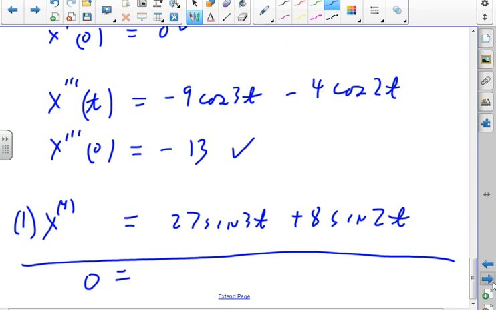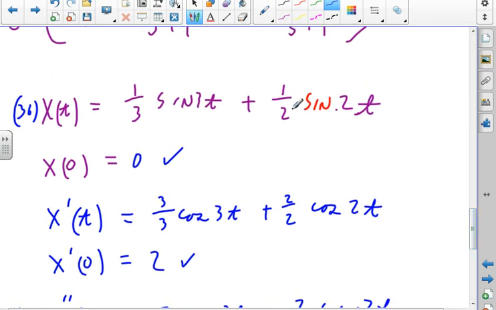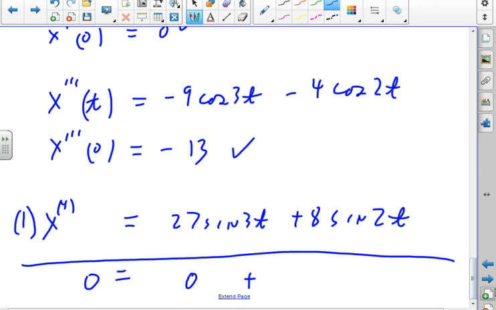Plus 27 equals 0. Boom. Plus, I got half of that, so it'll be 18. Then I've got minus 26. And then I've got plus 8 is 0. Oh my goodness.